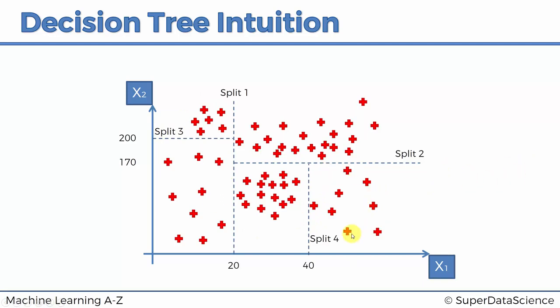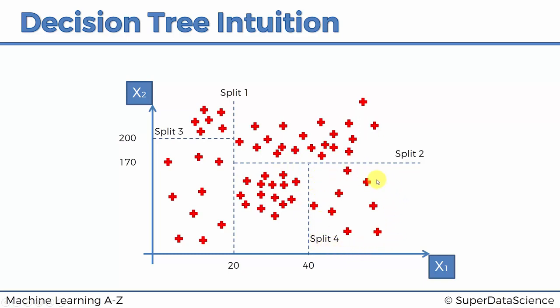Now, how and where these splits are conducted is determined by the algorithm, and it involves looking at something called the information entropy, which is a mathematical concept. It is quite complex. It basically means: when I perform this split, is this split increasing the amount of information that we have about our points?